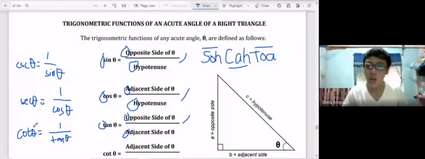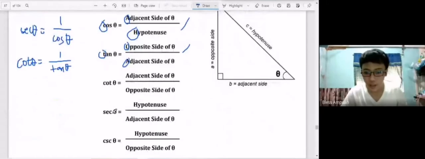When you already know the formulas for sine theta, cosine theta, and tangent theta from the mnemonic SOHCAHTOA, to get the cosecant theta, since it is the reciprocal of sine theta, you just need to invert the formula.